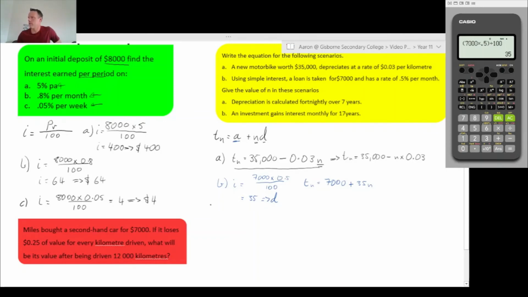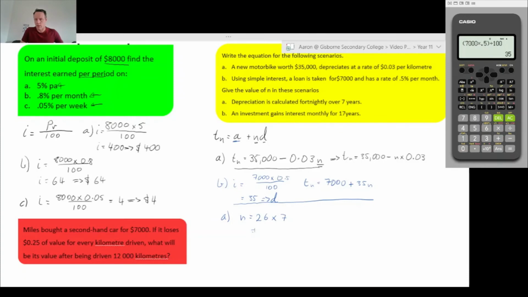Now, next one, give the value of n in these scenarios. The depreciation is calculated fortnightly over 7 years. So if we had an equation and we were calculating the fortnightly depreciation over 7 years, n is going to equal 26, because there are 26 fortnights in a year, times 7.